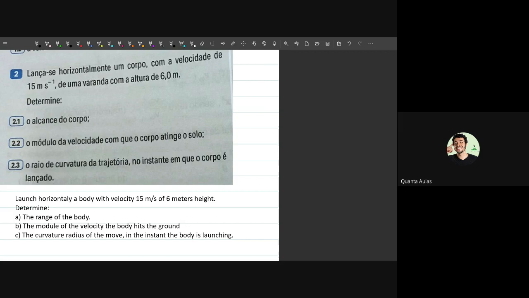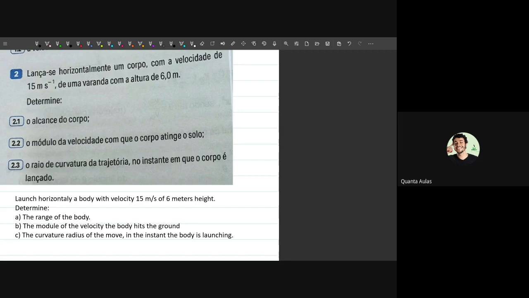Amazing. So now we want to know the range, the value of the movement in X. So the analysis is the same as the other problem, okay? How do we obtain the range of the body?